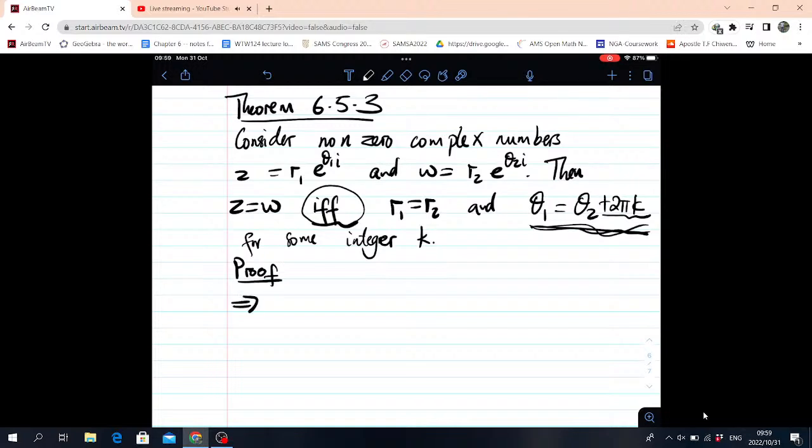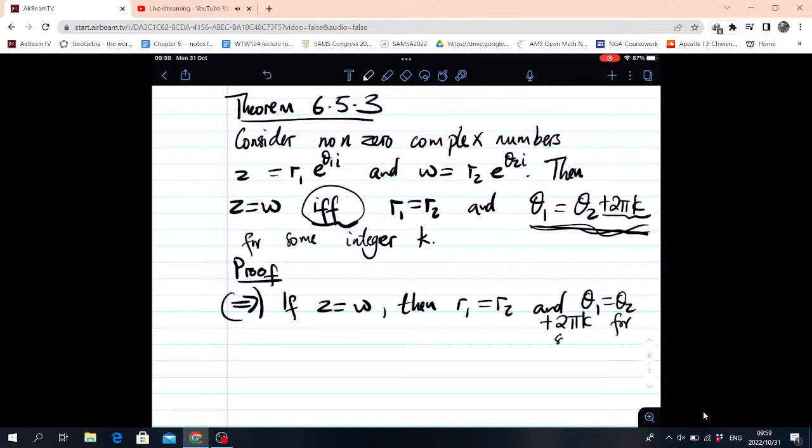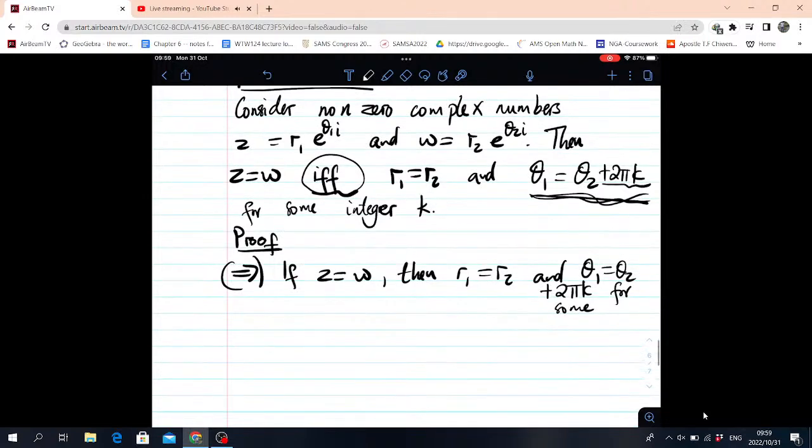One of the statements is, if you're going in that direction, what it means is if Z is equal to W, then R1 is equal to R2, and theta 1 is equal to theta 2 plus 2 pi k for some integer k, right?